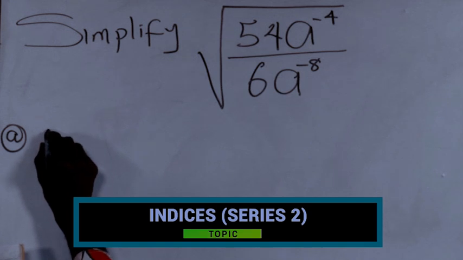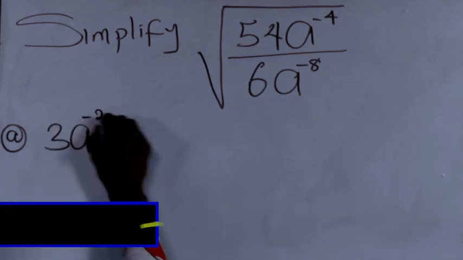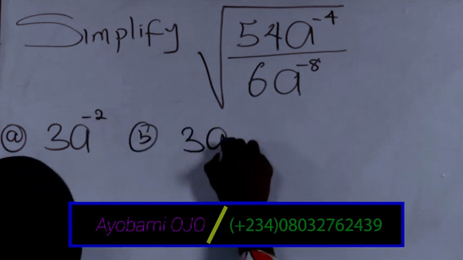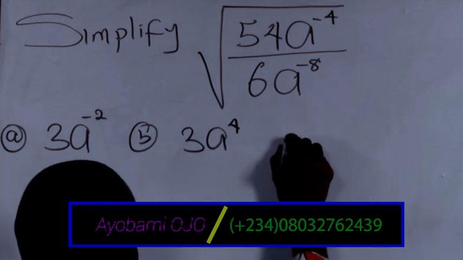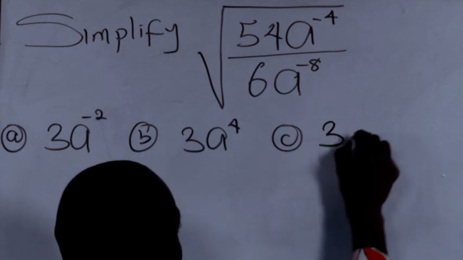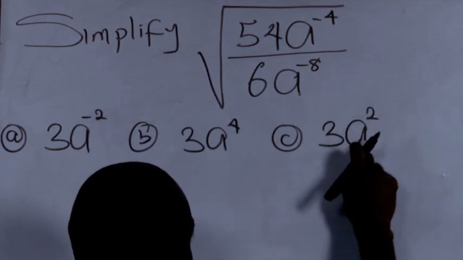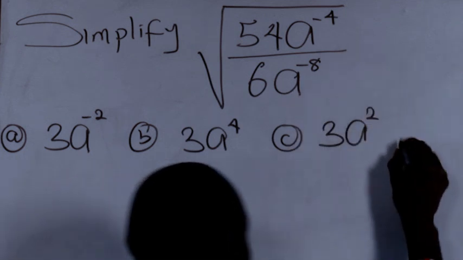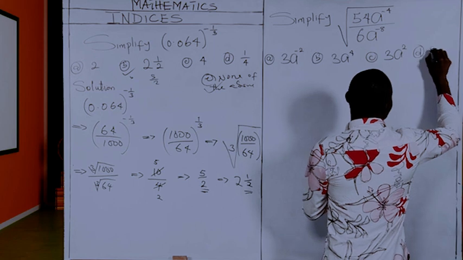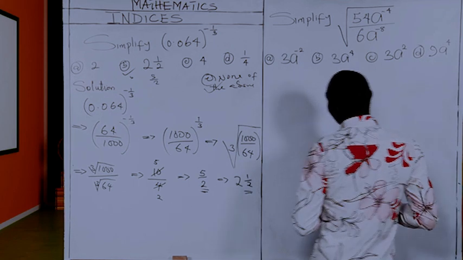The first option says 3a raised to power minus 2. The next option says 3a raised to power 4. The next says 3a squared, that is 3a raised to power 2. And option D says 9a raised to power of 4.